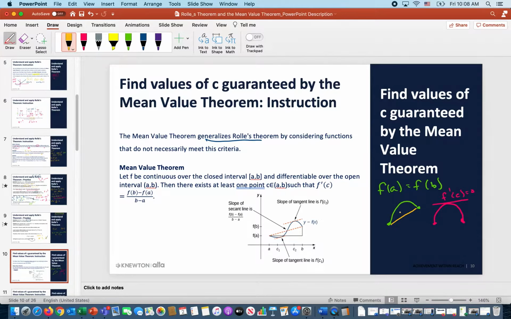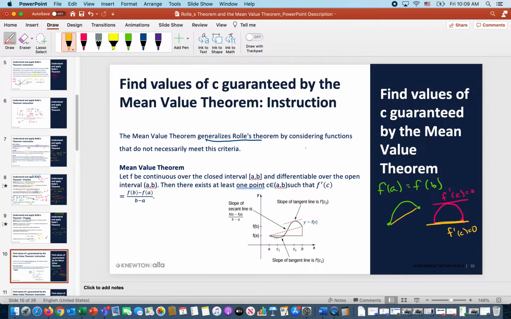So I don't really know that there's a curve like this. It could be that there's just a straight line. If these values are equal, I know that it has to go up and come back down. Or I know that it can connect with just a straight line like this, but even in that case, the slope of that line is 0.